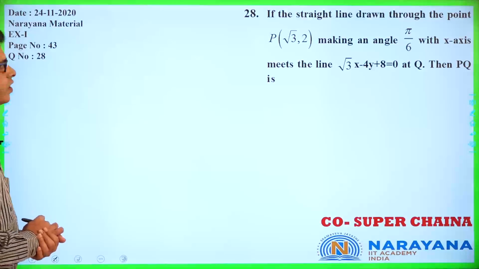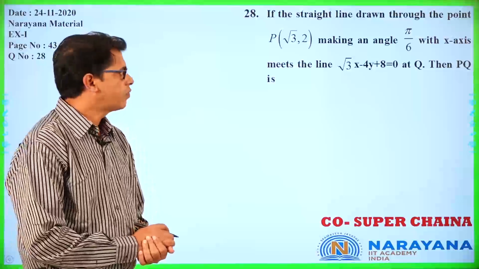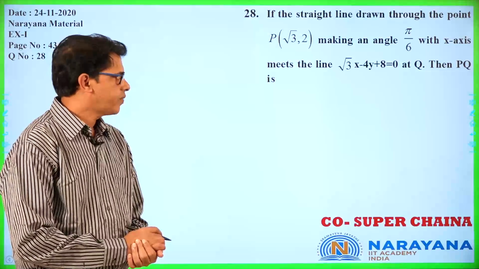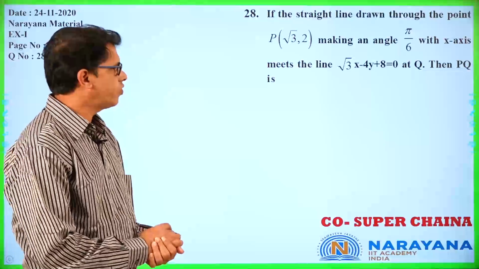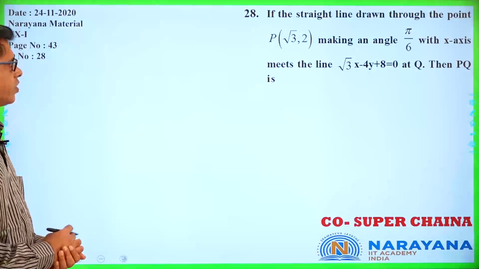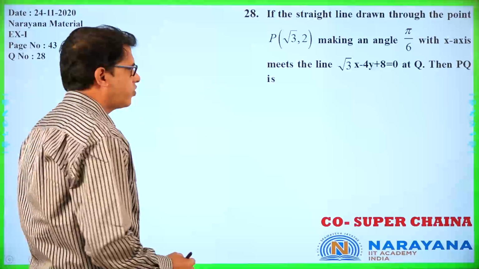if the straight line drawn through the point P (root 3, 2) making an angle pi by 6 with the x axis meets the line root 3x - 4y + 8 = 0 at Q, then find the PQ value. Here you draw the diagram so that we can evaluate easily.